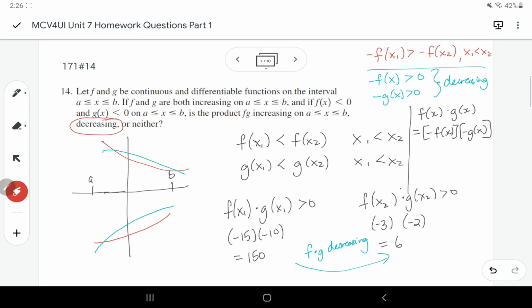And when you multiply positive numbers that are decreasing, you'll definitely get numbers that are decreasing. So this would be a decreasing function, because if you multiply two negatives, it's the same as multiplying the two corresponding positive values, and those absolute values would be decreasing.